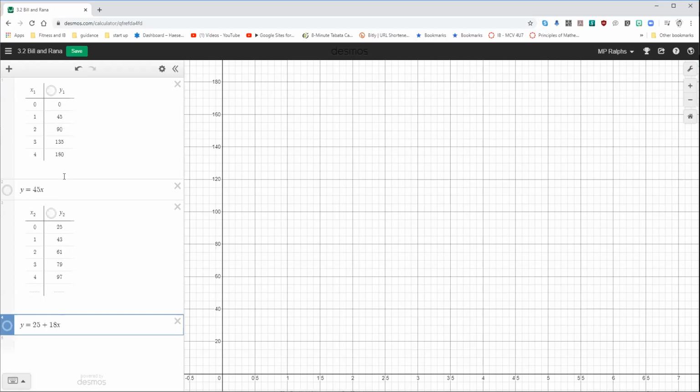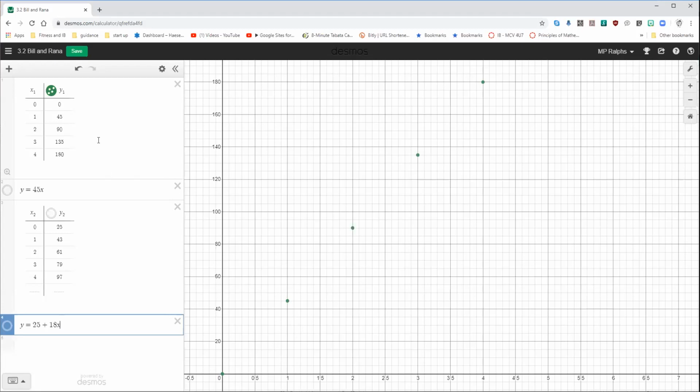Okay, so now after the table of values, you were asked to plot these graphs. So here's the graph. If we take a look over here in the grid, we see down at the bottom, right at the origin, 0, 0 is where the first point is, and then 1 and 45 is the second point right here. And then if we look over here, we've got 2 and 90.